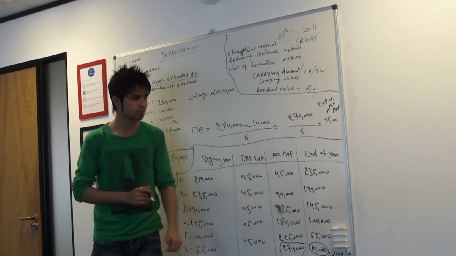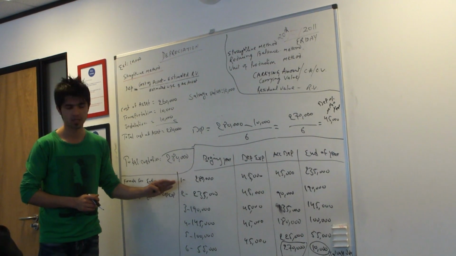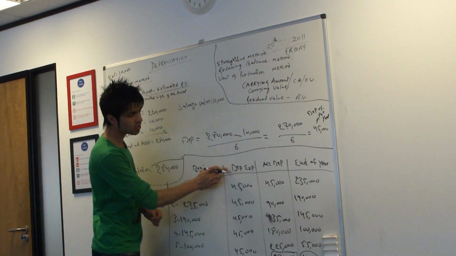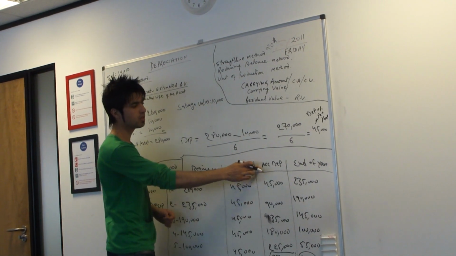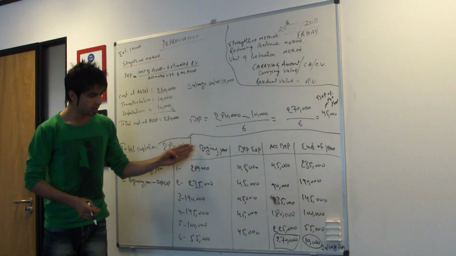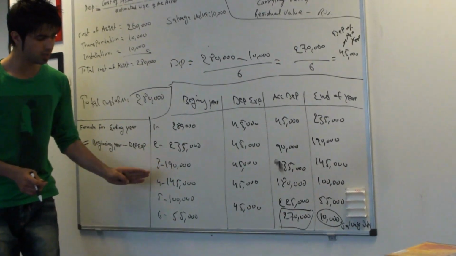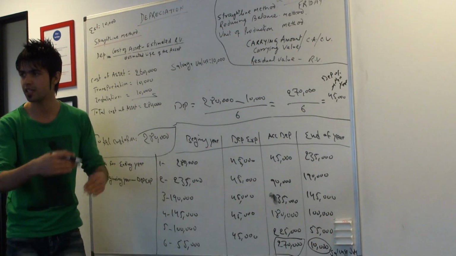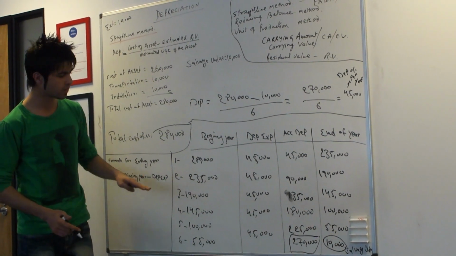How do we do it? Let's begin. The chart shows the beginning of year, depreciation expense, accumulated depreciation, and end of the year. So it counts for us to be settled for 6 years. Now how do we do the first year, second year, up to 6 years?